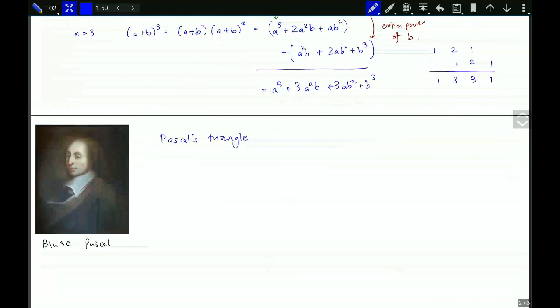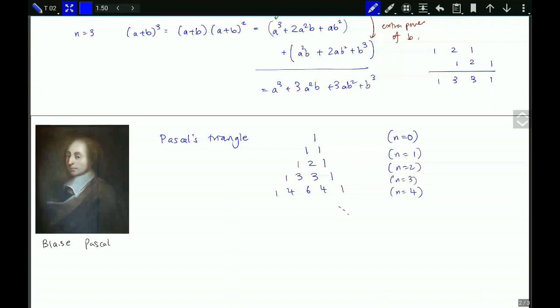It is exactly starting with 1, which is the case n equals 0, then doing 1, 1, n equals 1, 1, 2, 1, so n equals 2, 1, 3, 3, 1, and so on. So these coefficients are known as the binomial coefficients.